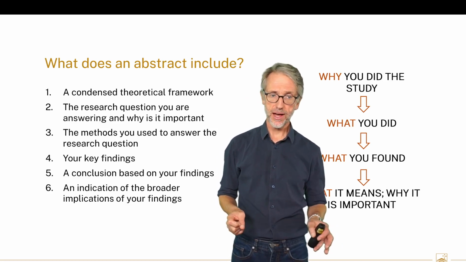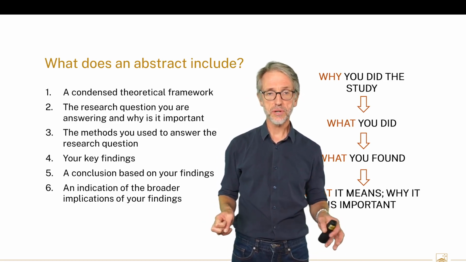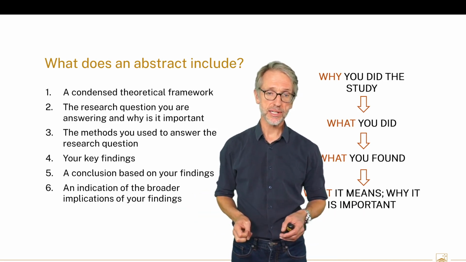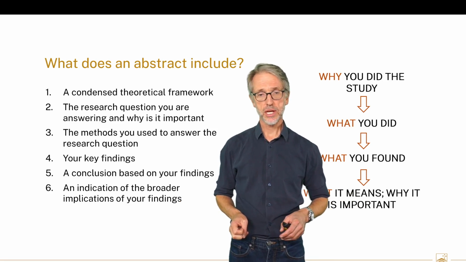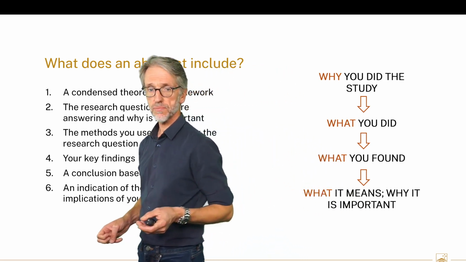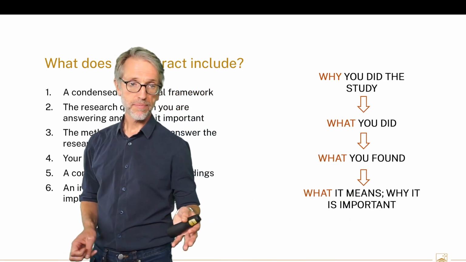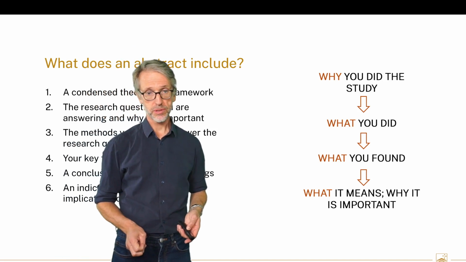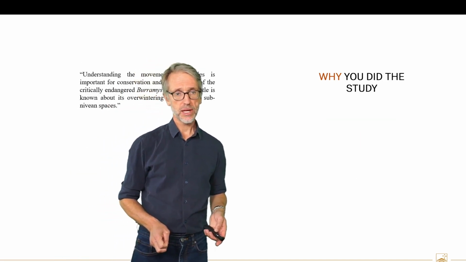The key findings are presented, a conclusion based upon those findings, and perhaps how those findings sit in a broader context. So really what we have is why the study was conducted, what was done, what was found, and what it meant and why it was important. How does that come together?